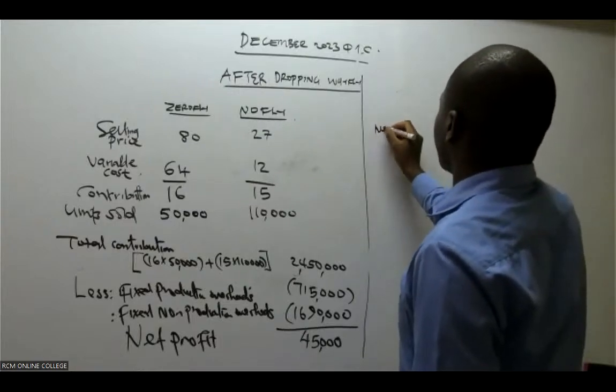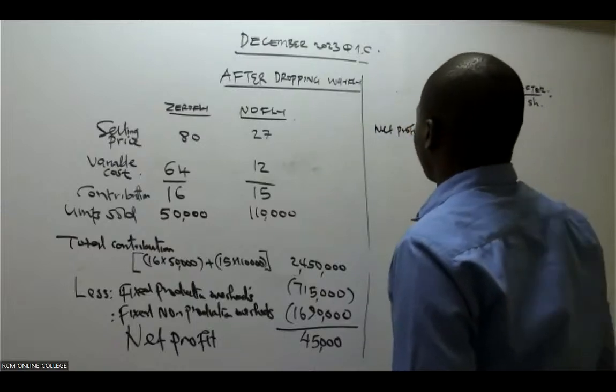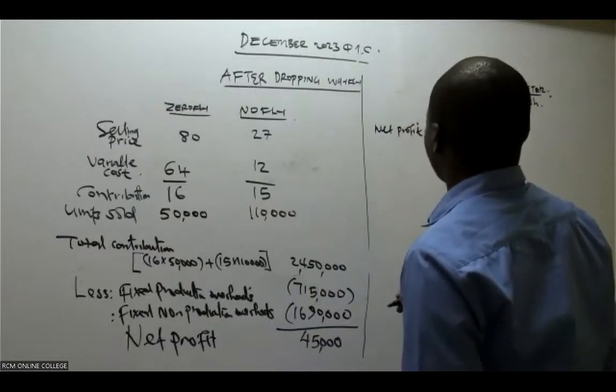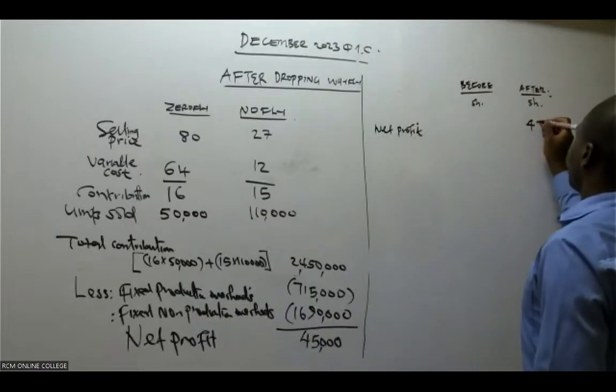So we need net profit. Net profit before you should be able to give me, but after I'm able to pick it from this part.